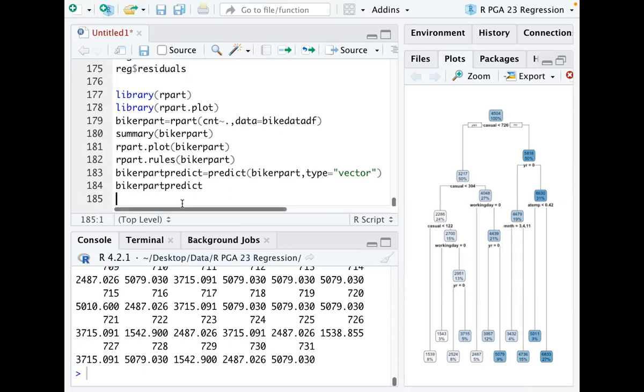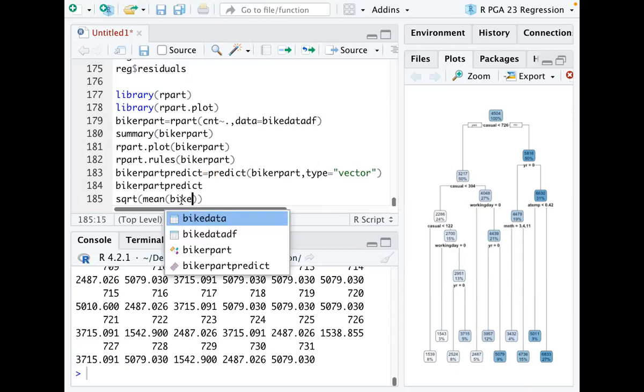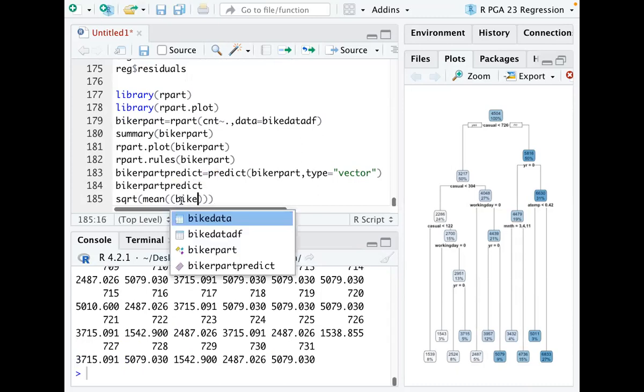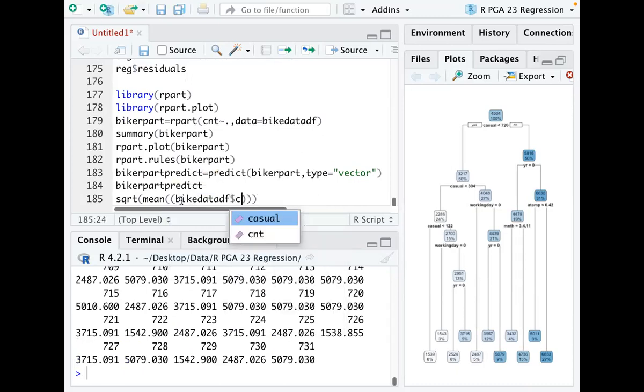Now, sqrt(mean((bike_data_df$cnt - bike_rpart_predict)^2)).